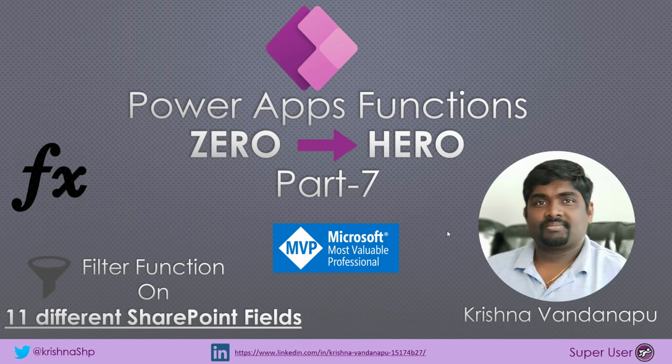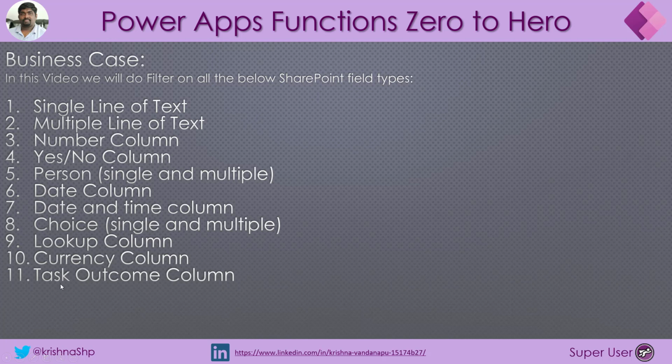I hope that will help you to expedite your development. Let us see what are all the various columns we can implement filter in Power Apps with respect to SharePoint as the backend data source. As you see, these are all the 11 different types of fields we can perform filter in Power Apps on SharePoint as the backend data source.